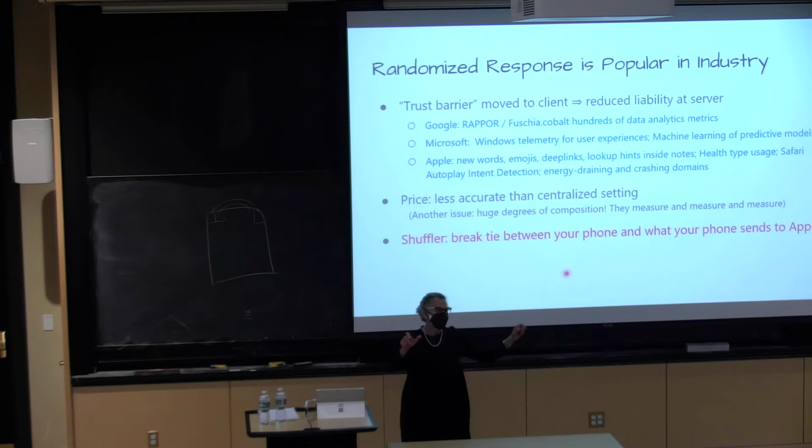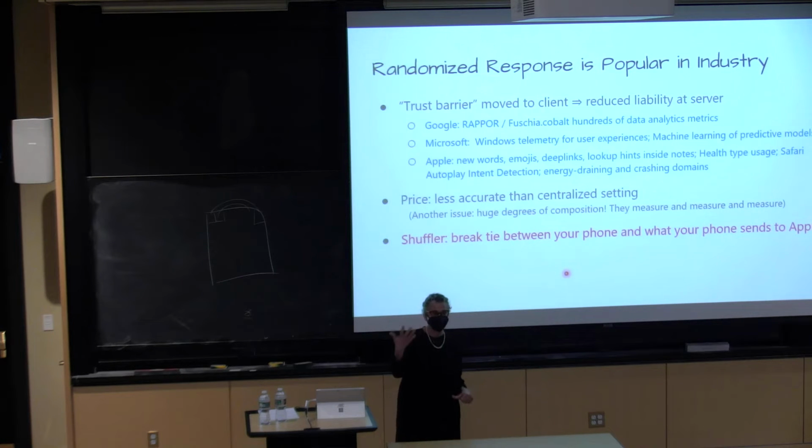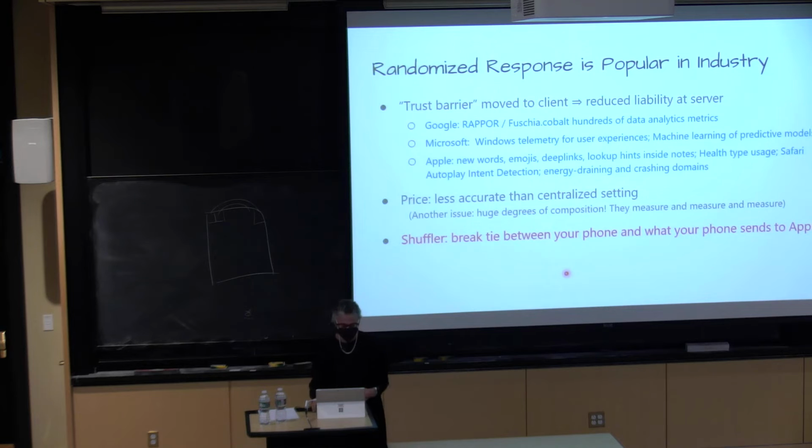So you're breaking the tie between the person who sends the response and the actual response. Just the opposite of what I emphasized we had in Warner's method. So suppose you had such a shuffler.